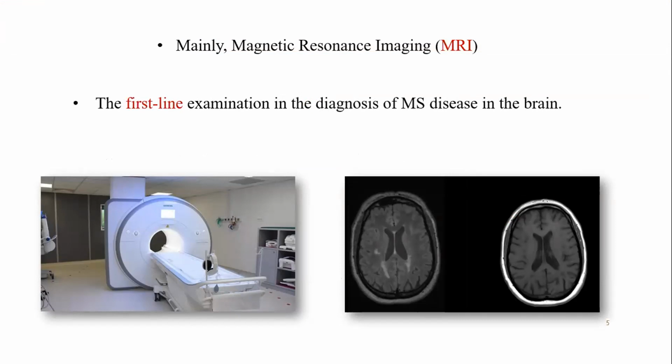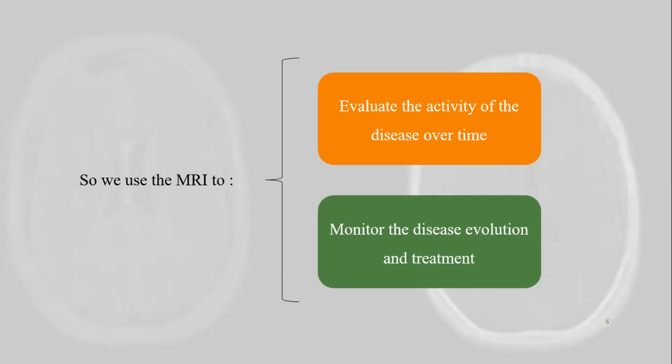Here we have the MRI machine, and here we have the MR image. So we use the MRI to evaluate the activity of the disease over time and to monitor the disease evolution and treatment.